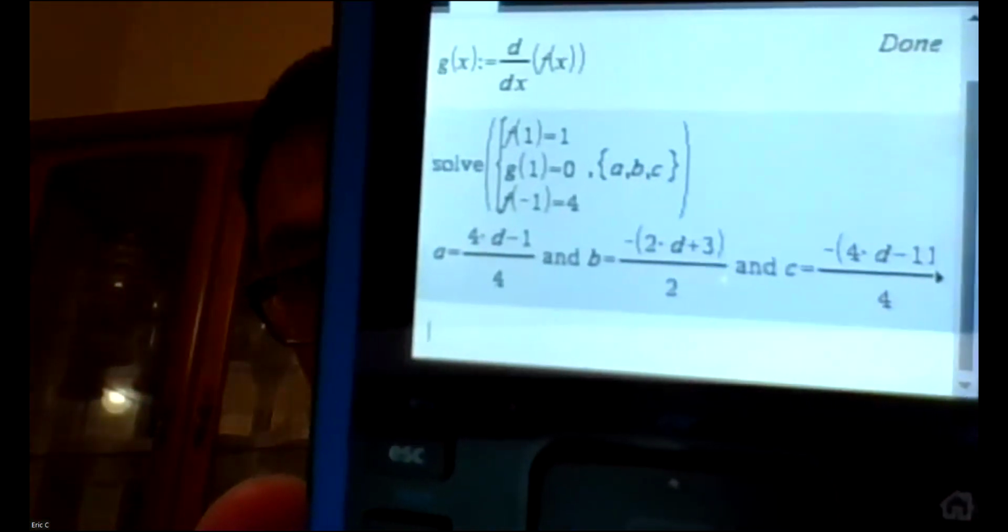Leave the d out, because d in this case is going to be a constant. Then you enter f(1) equals 1, next g(1) equals 0, and the last one f(-1) equals 4. And then those are your answers there for a, b, and c in terms of d.